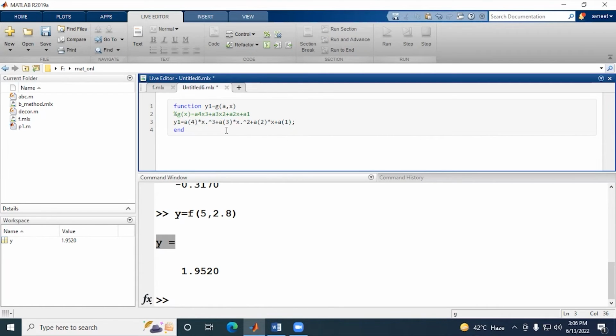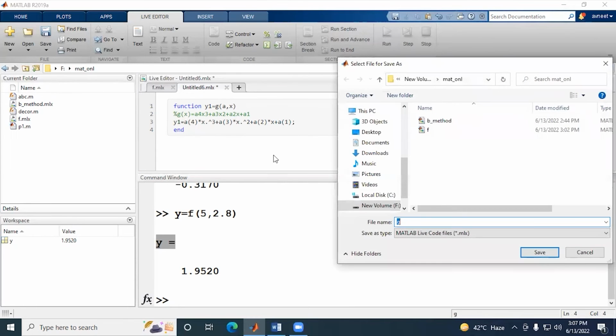Please make sure where to use asterisk, where to use dot raised to the power or dot asterisk. We have discussed all these things when we were discussing arithmetic operators in Matlab in a very initial lecture. So this is my function. Let me just save it. Save as. It will give you the name of G because G is the name of my function.